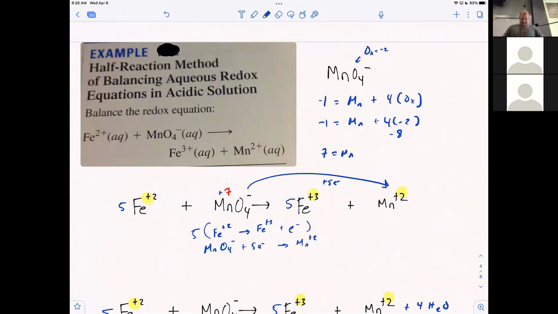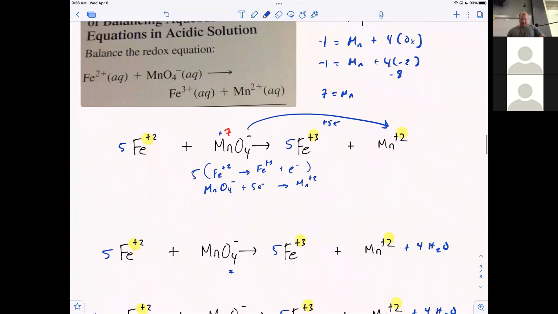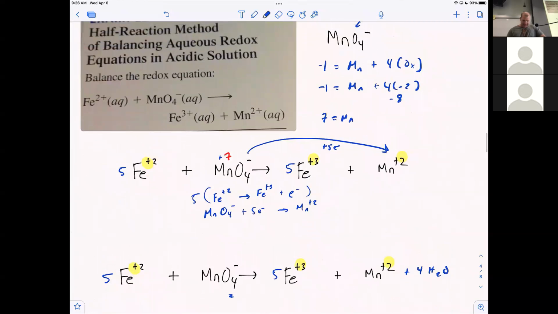So it's absorbing 5 negative charges. So iron is generating 1, manganese is consuming 5, so we need 5 times as much iron.